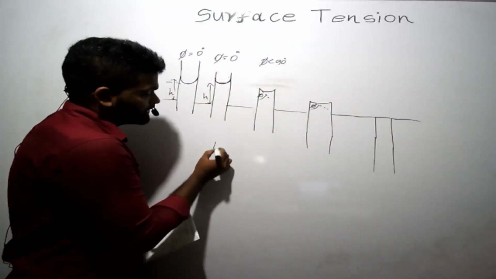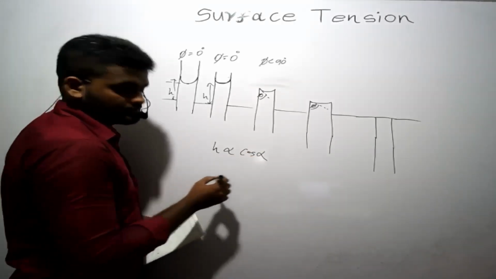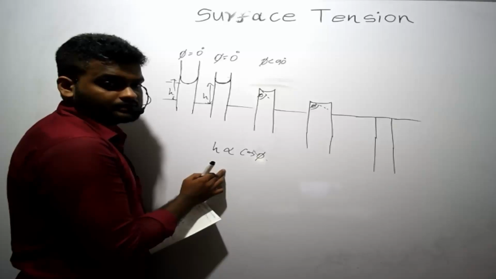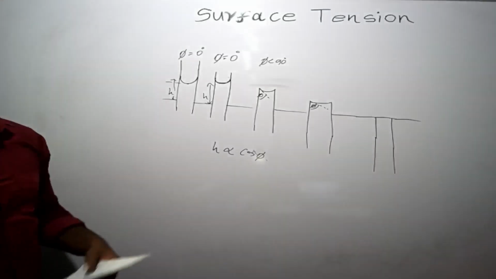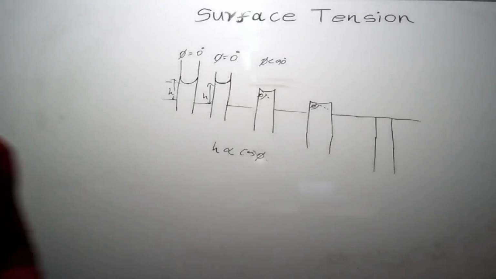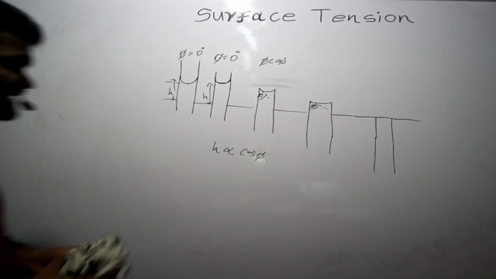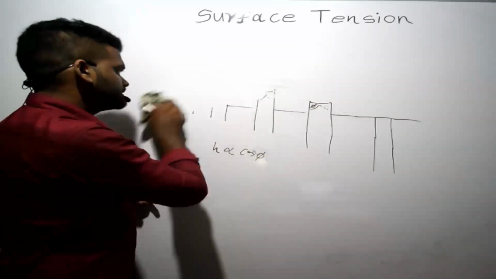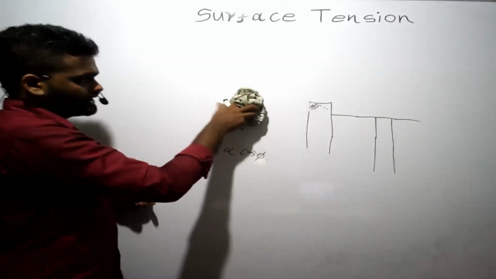You can use this, right? H is proportional to cos alpha. Sorry, cos phi. Apply that and find the new contact angle. So you have two cases. Apply the proportionality to the two cases and find it.